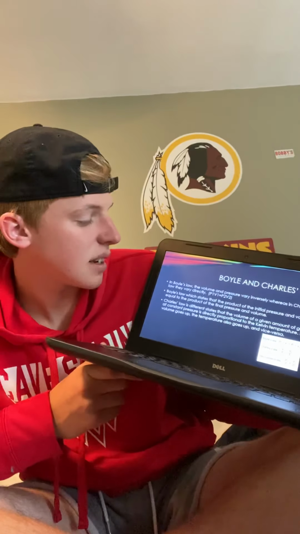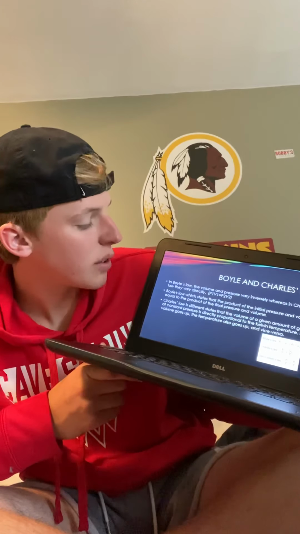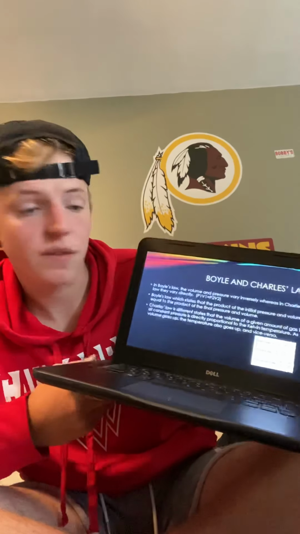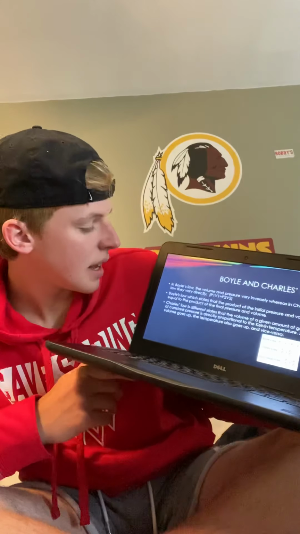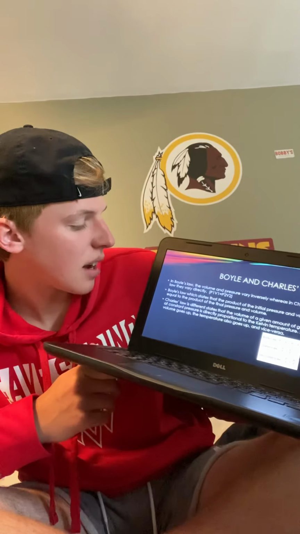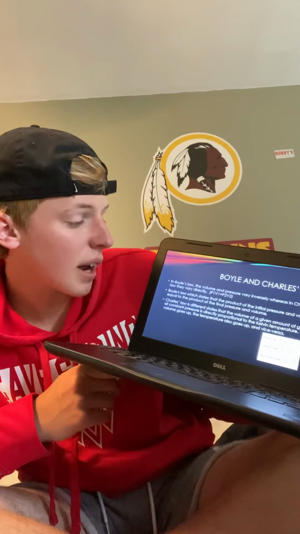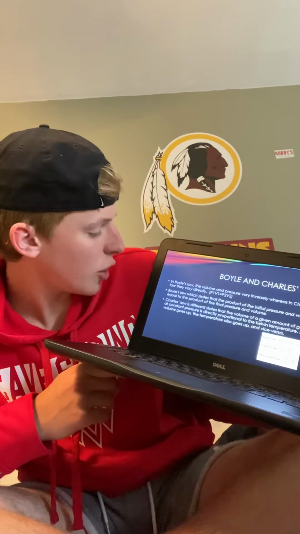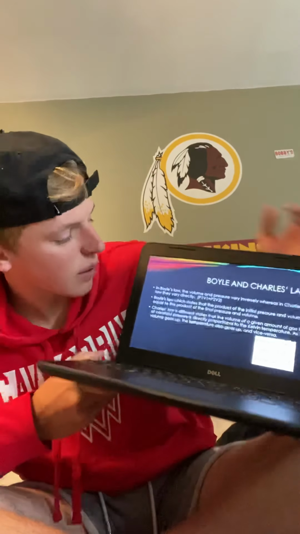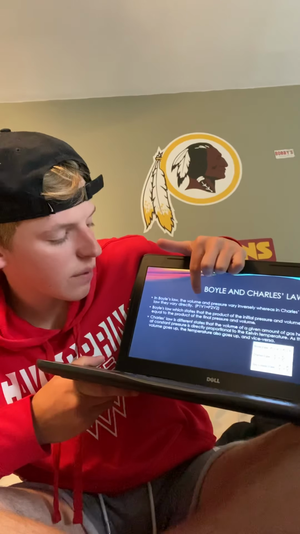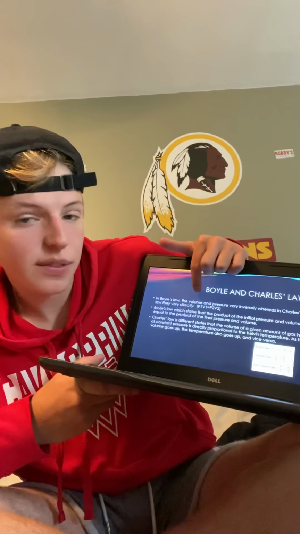So basically meaning Boyle's was P1 times V1 equals P2 times V2. Now, Boyle's law states that the product of the initial pressure and the volume are equal to the product of the final pressure and final volume. So that's back to our P1 times V1 equals P2 times V2.